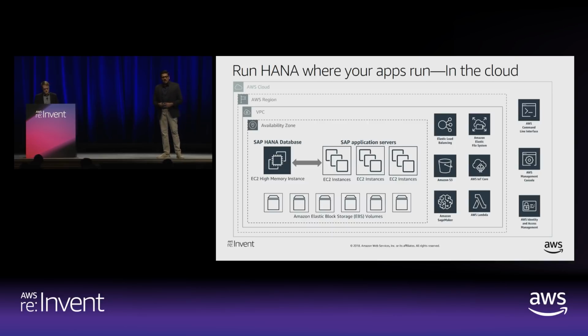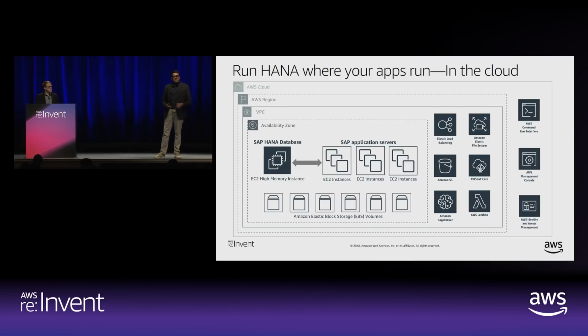You're looking to utilize Elastic Load Balancer, EFS, Amazon S3, IoT, Amazon SageMaker, and all of the other newer services that are being announced at this re:Invent for your applications. But at the same time, these applications are tethered to the HANA database.